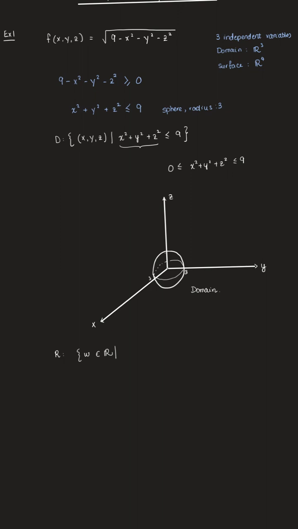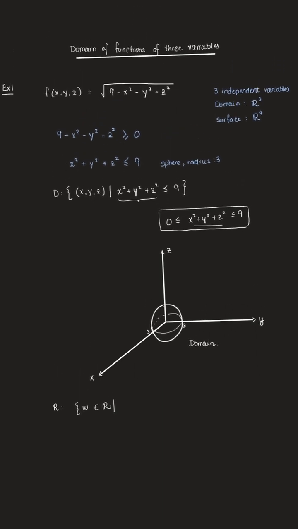If we are thinking about the range, we want to go through our domain and determine the kinds of output values that we will obtain in our function. So if we go back up here, we know that the largest that x squared plus y squared plus z squared will ever be is equal to 9.